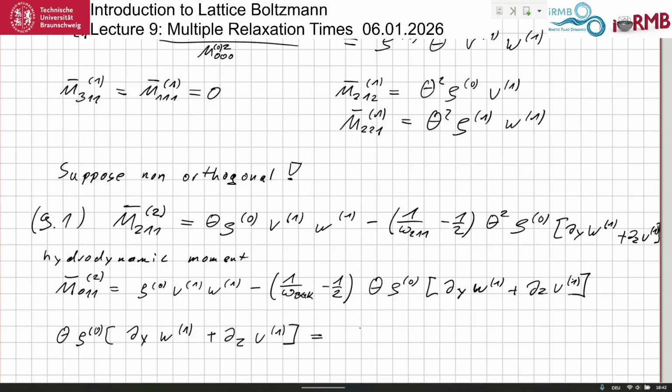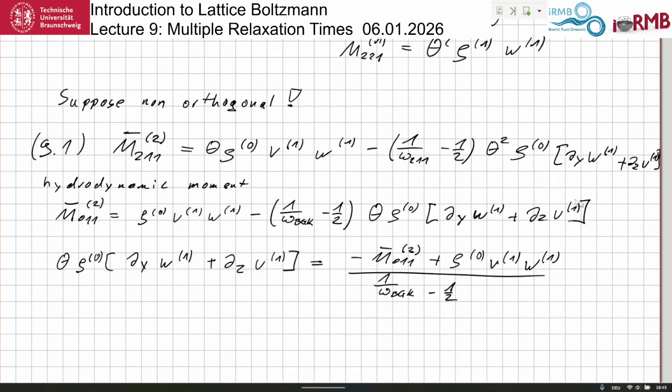If I put it the other way, this is M011 to second order plus, I've taken this minus here in front, this is why I have a minus in front of this, and I'll have now a plus here because I put this on the other side, V1 W1, divided by 1 over omega BGK minus 1/2. So now I know what this is.